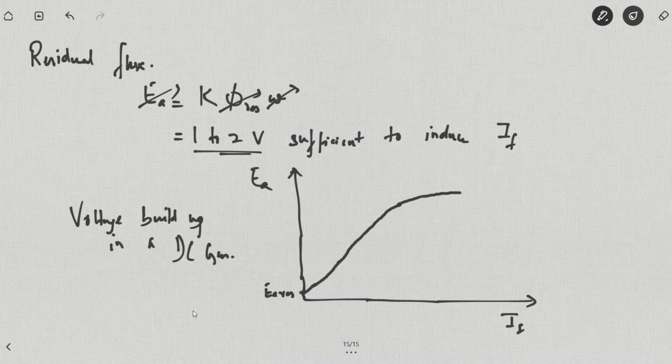So in this case, unlike the separately excited DC motor, in the case of a shunt DC generator, the voltage build up is not instantaneous. It takes some time. Now at times you see that even if you rotate the shunt field DC generator through the prime mover, voltage is not induced, voltage is not built up in the DC generator.